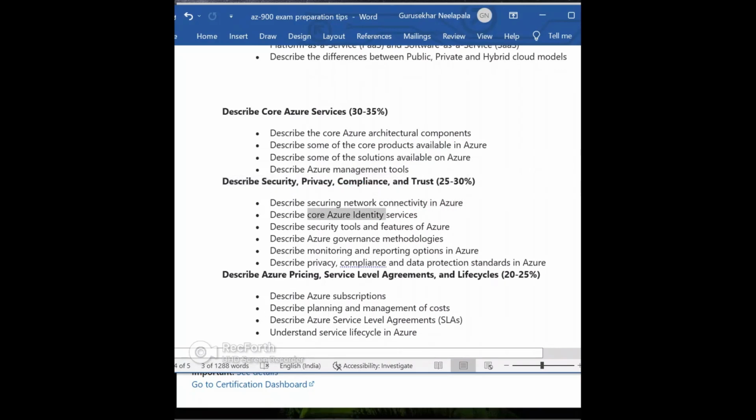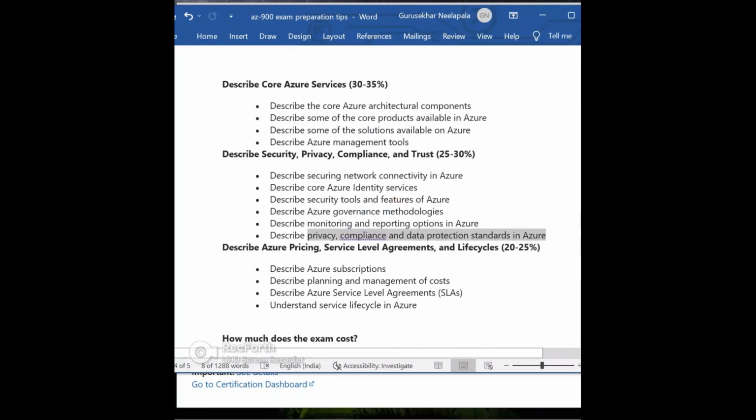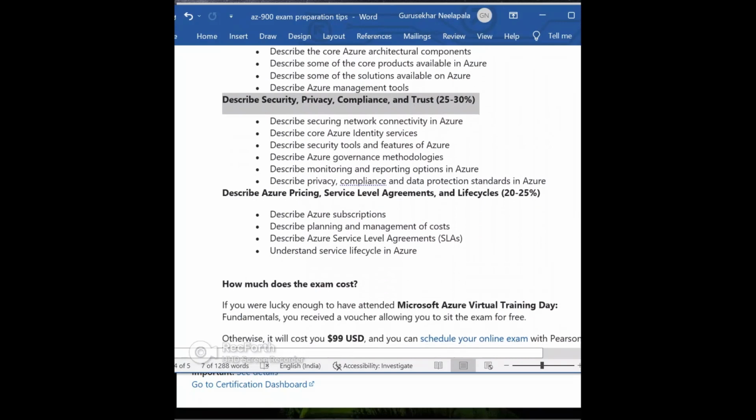So, describe securing network connectivity in Azure, core Azure identity services, security tools and features of Azure, Azure governance methodologies, monitoring and reporting options in Azure, and privacy, compliance, and data protection standards in Azure.